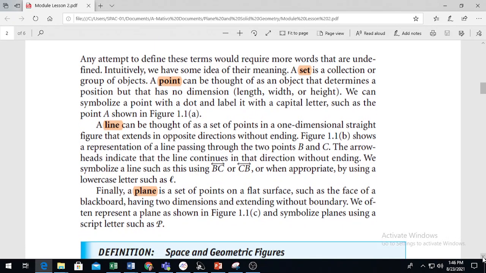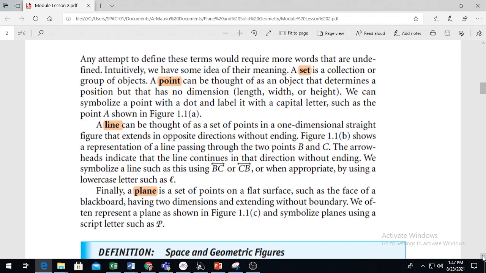Let's proceed to how they are defined. These are the four undefined terms in geometry. However, some authors present just three, but most mathematicians use the four. We will begin with a set. A set is a collection or group of objects.